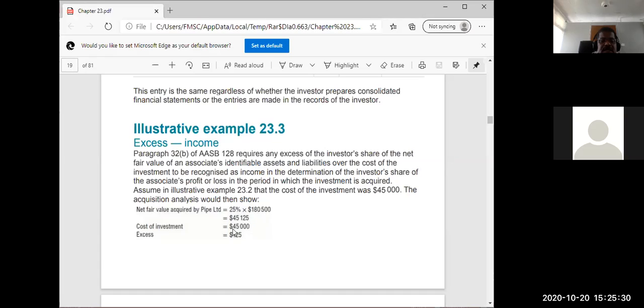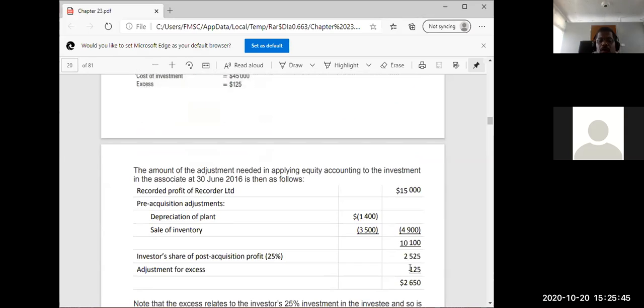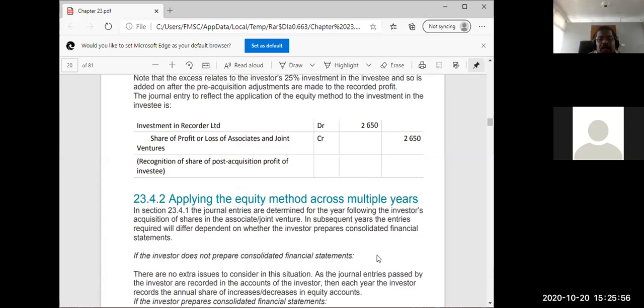So the purchase consideration is lower than the investor's share of net assets at fair value. So 125 we directly charge to the P&L of the investor. That is here this 25. I think you can remember that part.